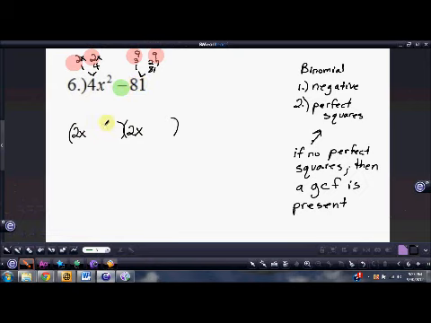Now you might say, well, how do I know this one's factorable? And that's simple. I want a negative 81, so I know my signs are different. 9 times 9 is 81. Negative 9 plus 9 is 0, which accounts for the fact of the matter that the middle term is missing. And that is what allows us to factor a binomial. And that is the entire quiz.